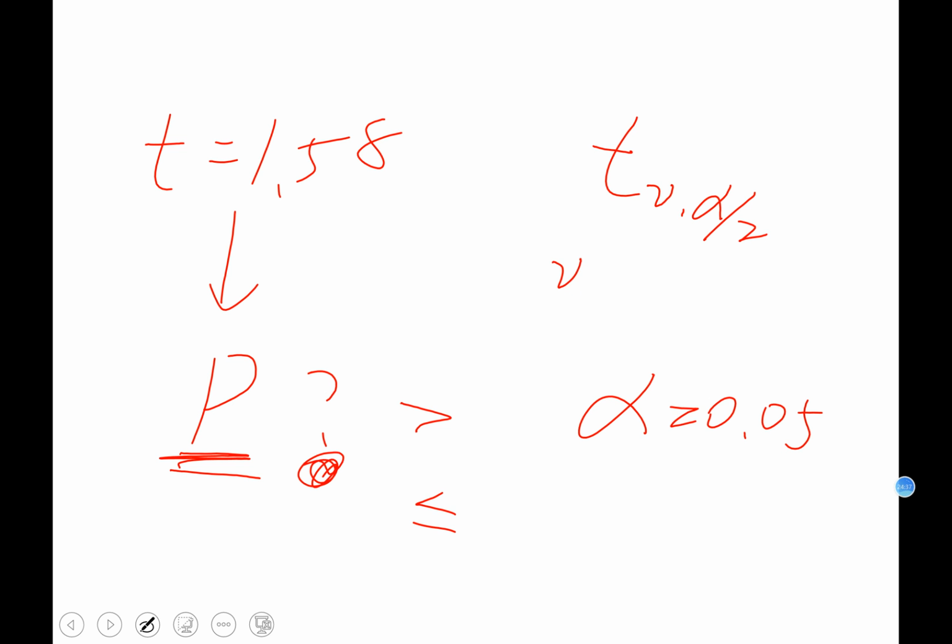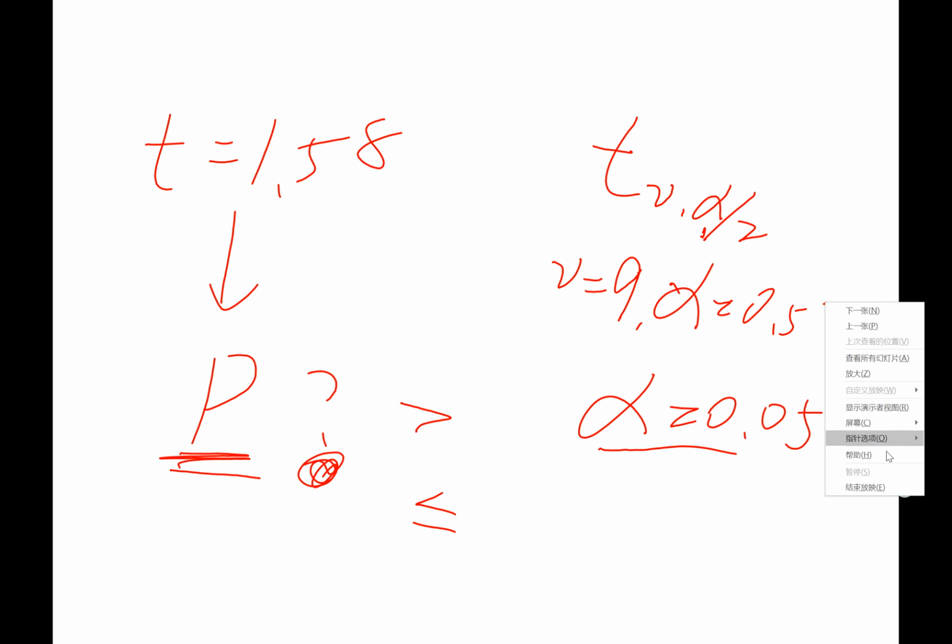Here we have already known nu is 9 and alpha is 0.05, right? So we can use these two numbers.